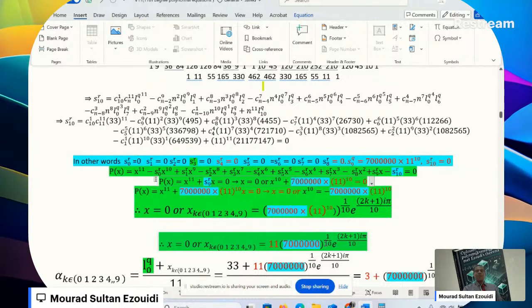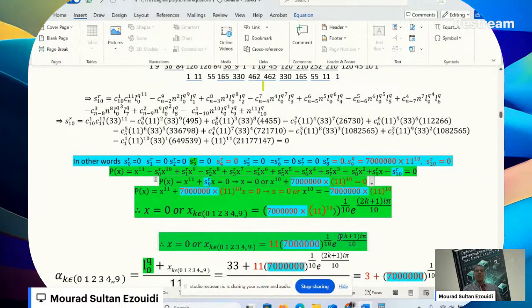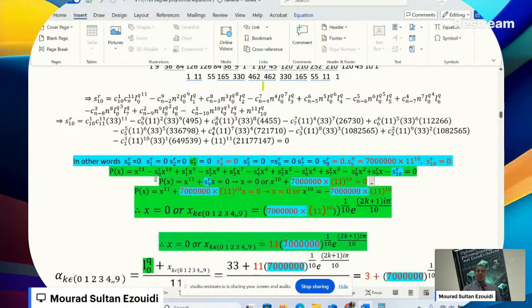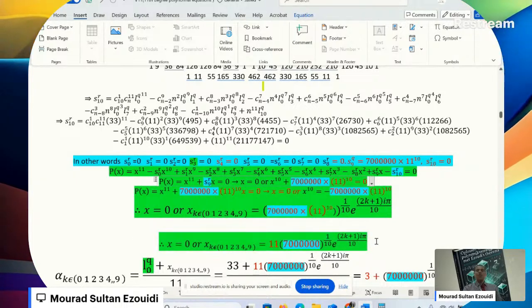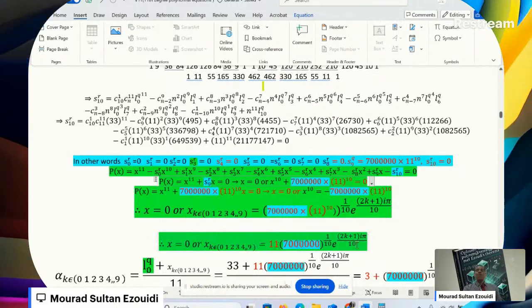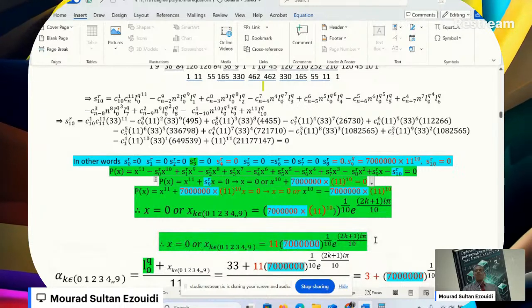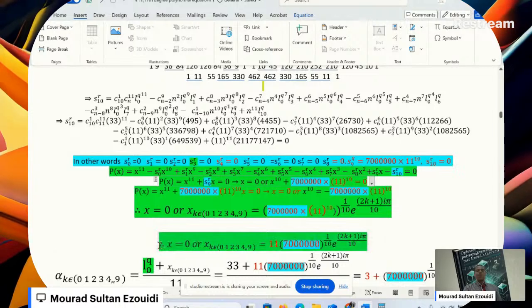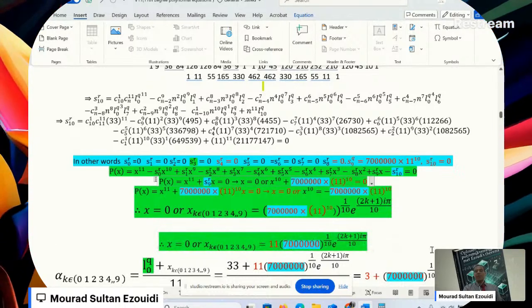So it will be 7 million raised to the power 1 over 10 times exponential of (2k plus 1) i pi over 10. These are the x roots of your new 11 degree polynomial equation derived from the coefficients, from the Ezouidi theorem, or this formula of Ezouidi.